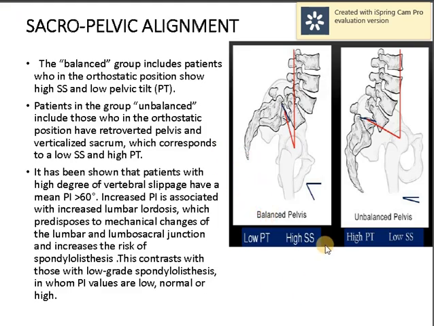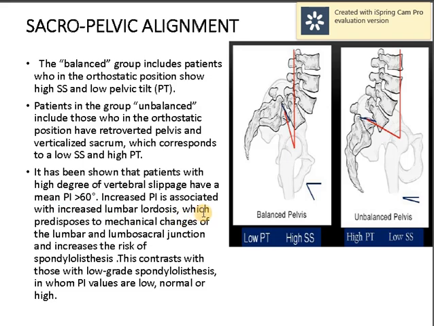Now, talking about the balanced and the unbalanced pelvis, patients in the unbalanced group include those who in the orthostatic position have a retroverted pelvis and verticalized sacrum, which corresponds to low SS and high PI. It has also been shown that patients with a high degree of vertebral slippage have a mean PI of greater than 60 degrees.